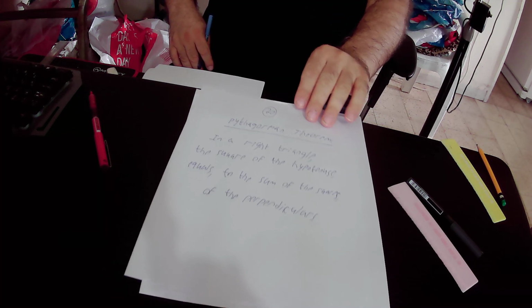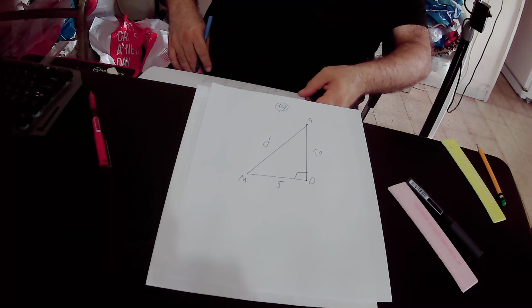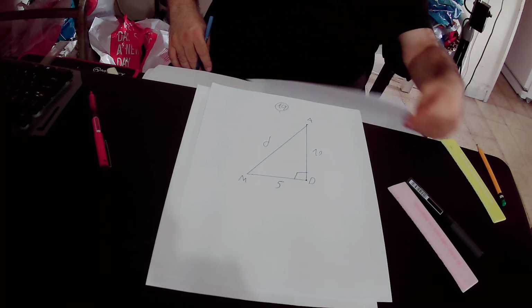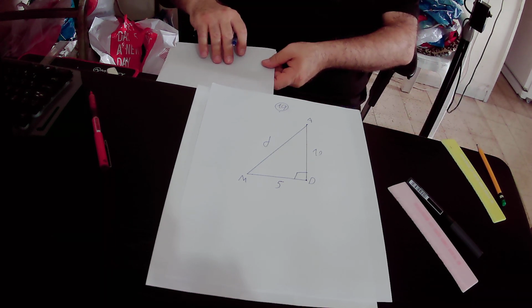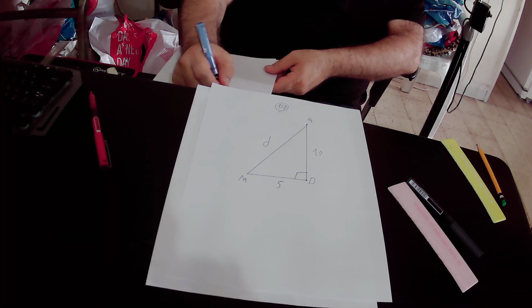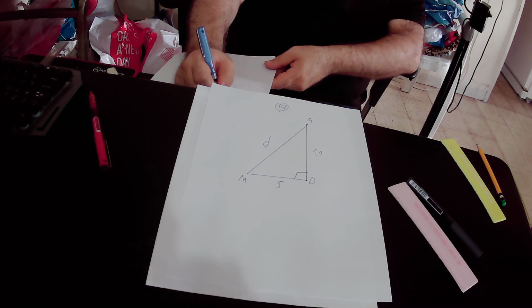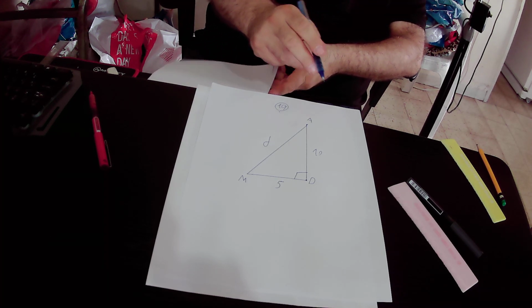Okay, so we will implement the Pythagorean theorem in our right triangle. The square of the hypotenuse is AM squared. AM squared equals the sum of the squares of the perpendiculars.